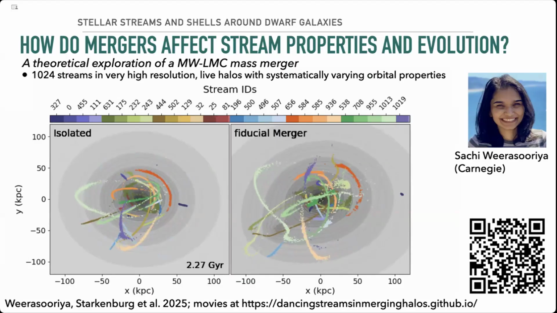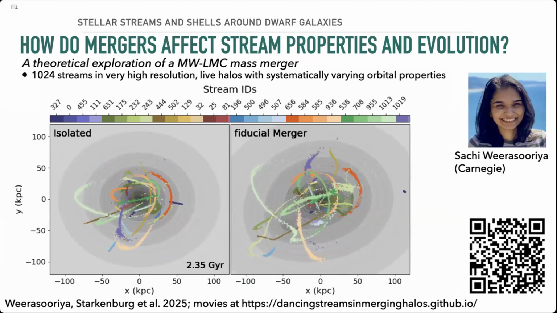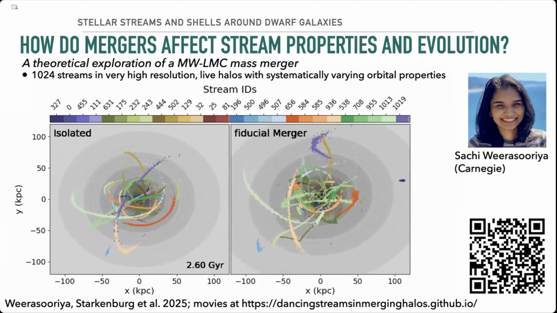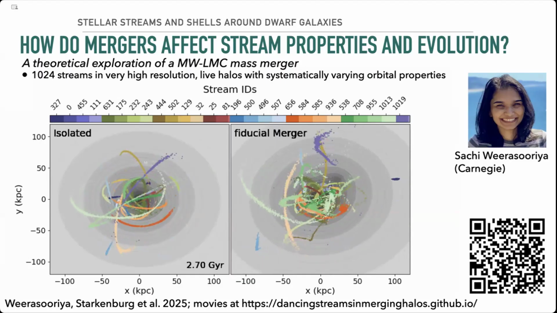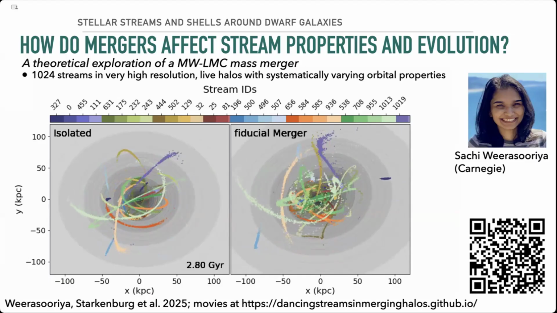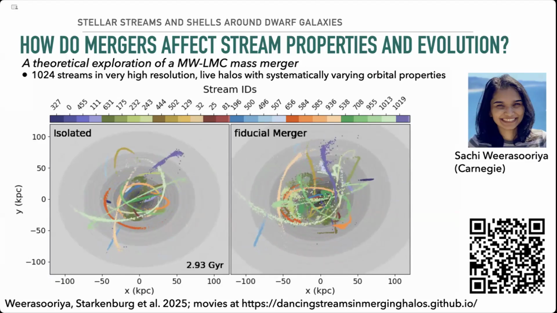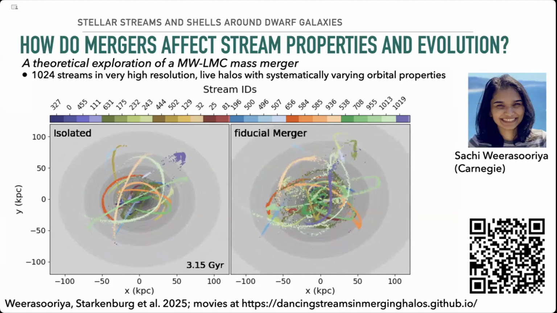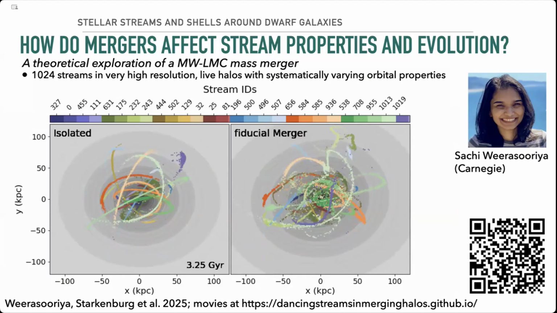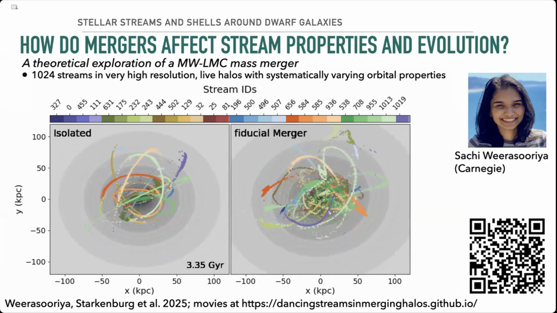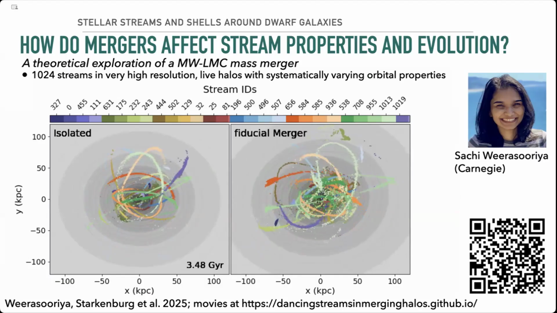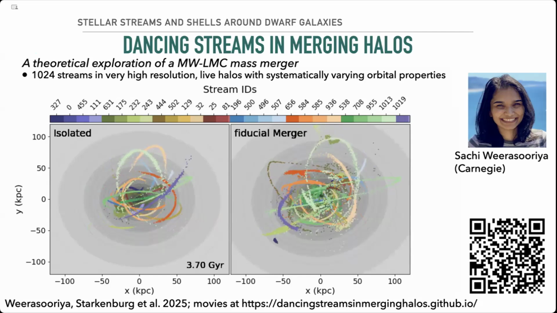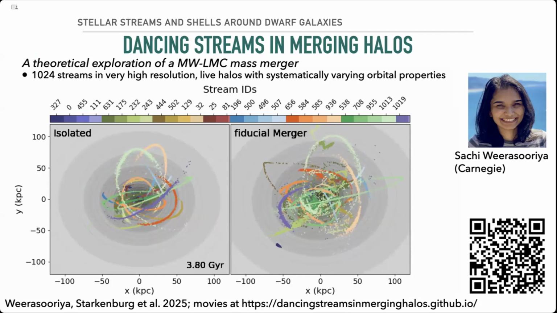Some actually go farther in. Some go from radial orbits to more circular orbits. Others go from more circular orbits to more radial orbits. And so the full population of stellar streams changes a lot. But most of them seem to survive in some way or another. Okay, and we dubbed this the dancing streams in merging halos.